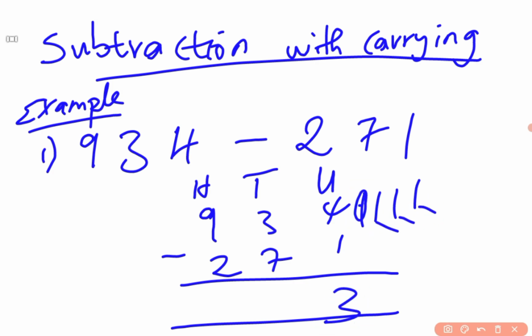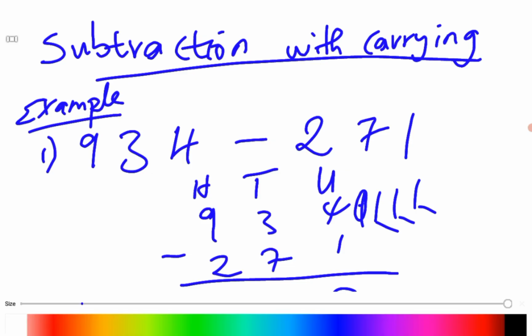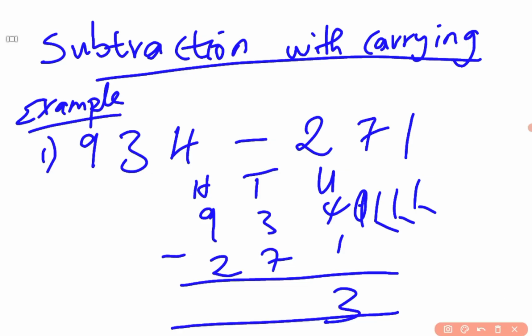Simple. But 3 take away 7, if you look here, 3 take away 7 is not possible. What I'm saying is, if you have 3,000, you cannot give somebody 7,000. It's not possible, because all you have is 3,000.